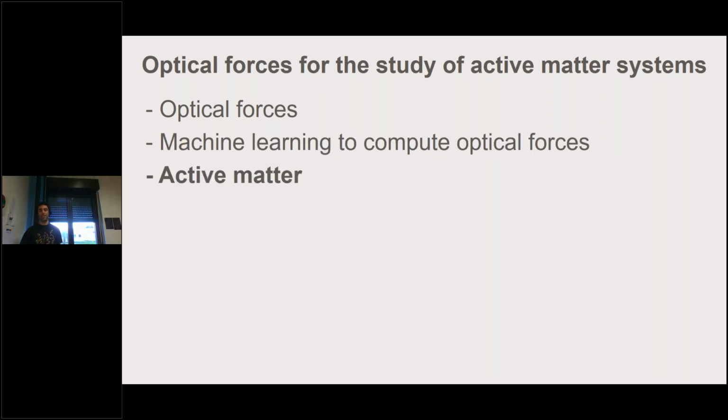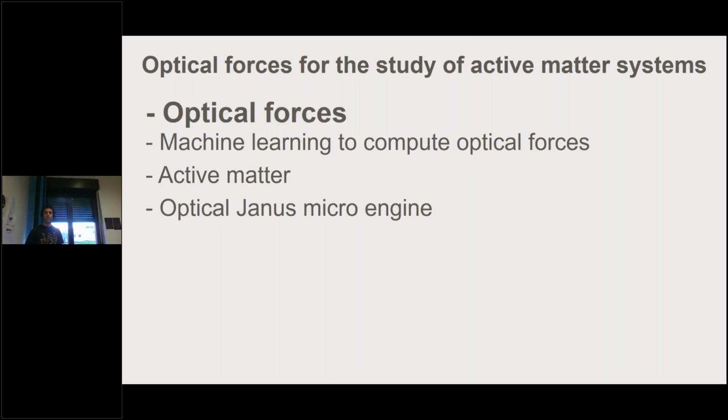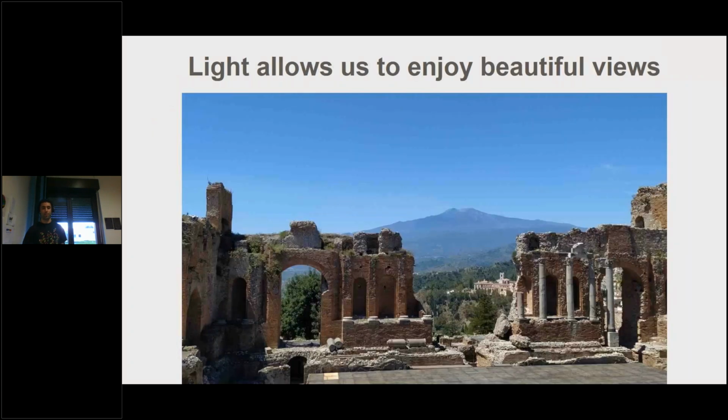Then I will describe very briefly what active matter is and why we are interested in studying active matter systems. And at the end, I will explain one example of active matter interacting with light, which is the optical janus microengine. So let's start with the optical forces.